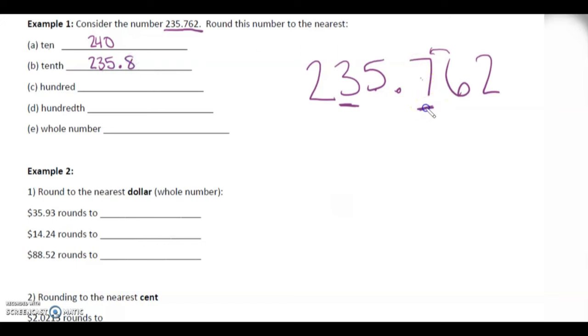Because again, we're going to stop right here at the tenths position. Okay, 100. So the 100 is the 2. Looking to the right of the 2, this is a 3. So we're going to round down. So this 2 remains. So we're going to put 200.